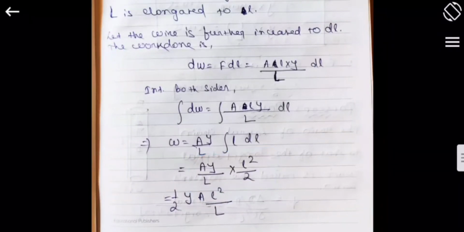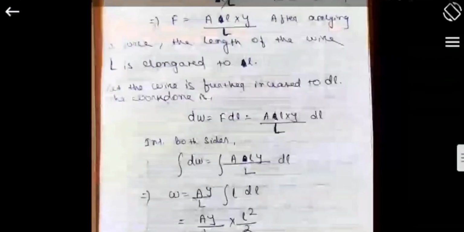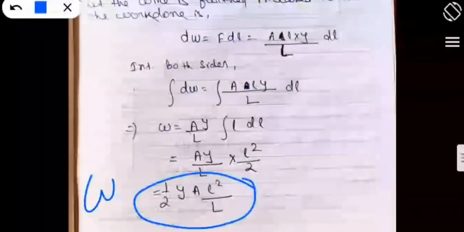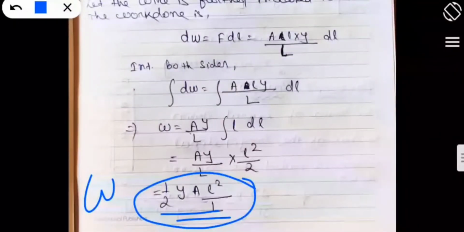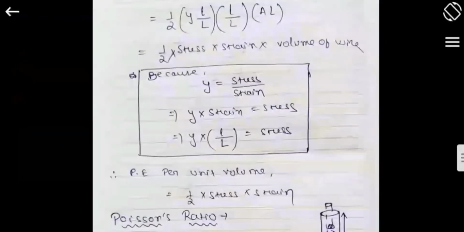This I can also write using a different notation, separately, in order to find out a particular formula, because work done is going to give me the energy formula. Let me write this half into Y into A into l squared by L in a different manner, meaning the same formula in a different style.